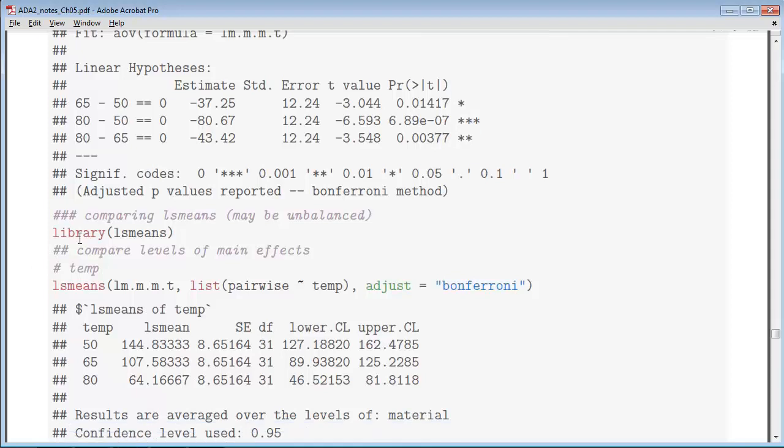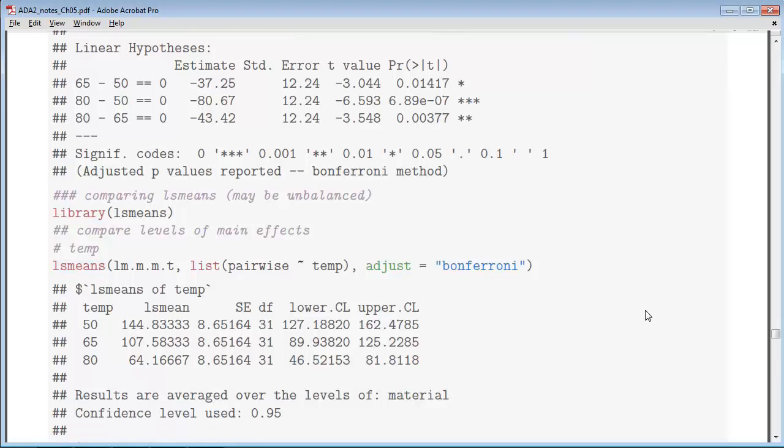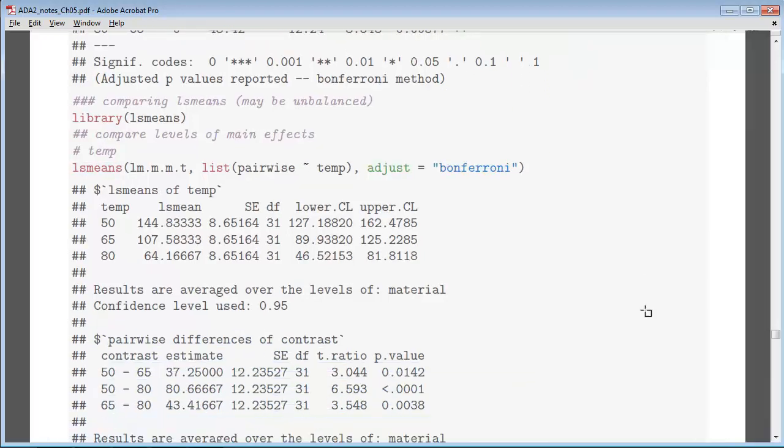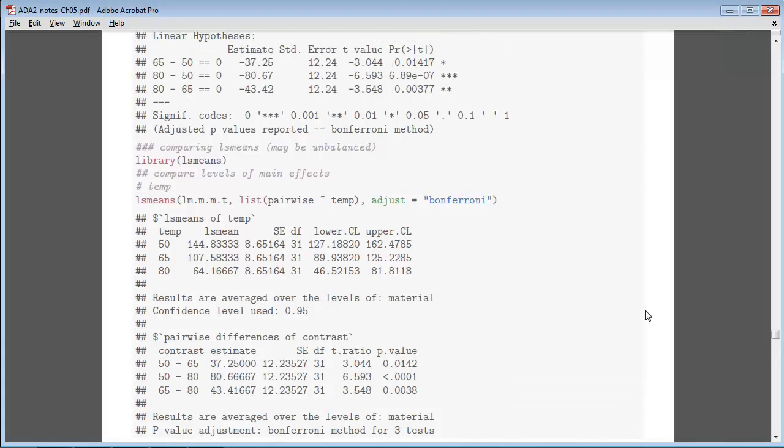The biggest one being obviously between 80 and 50 degrees, of about 80 volts. And if we use the lsmeans package and basically do the same thing, can I get enough on the screen to convince you that it's the same result? Okay, so here's the general linear hypothesis test, and here is lsmeans. There's a minus sign difference because of the order. The general linear hypothesis test is doing 65 minus 50, whereas lsmeans is going the other direction, 50 minus 65, but we have the same estimate, the same standard error.